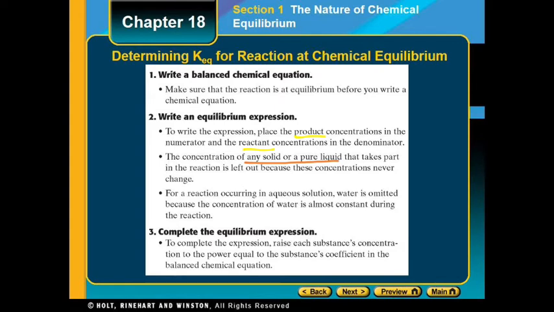For a reaction occurring in aqueous solution, water is omitted because water is considered a pure liquid. The concentration of water almost always stays constant during a reaction. And then we'll complete our equilibrium expression by raising it to the proper powers that are needed.